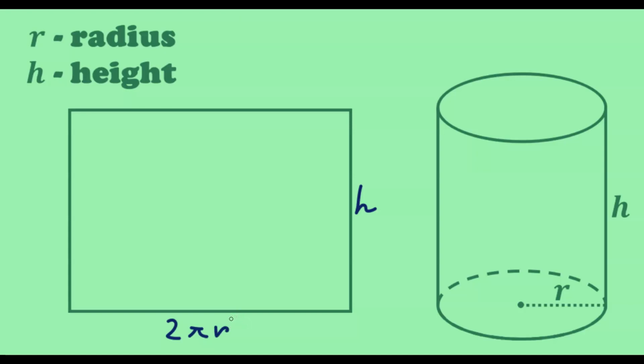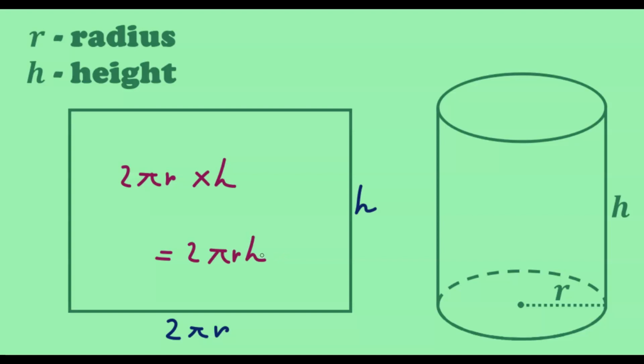So what is the area of this rectangle? Now the area of a rectangle is given by the length times the width. And in this case, the length of the rectangle is 2 pi r, and the width of the rectangle is h. So if we want to calculate the area of this rectangle, what we end up with is 2 pi r times h, and that is equal to 2 pi r h.